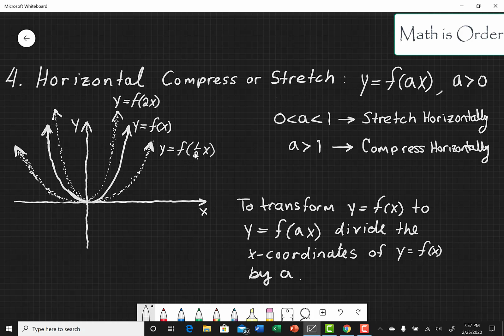And the same goes if a is between 0 and 1, then there's a stretch horizontally. So it's similar to the vertical compress or stretch, but almost the opposite. And to transform a given function to y equal f(ax), all we're doing is dividing all of the x coordinates of the original function by a.